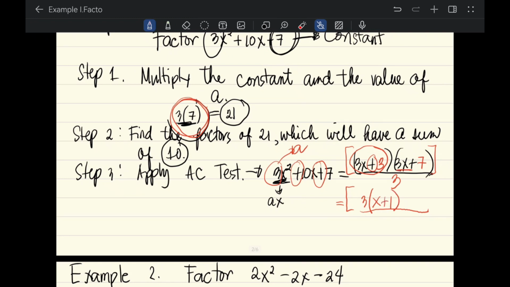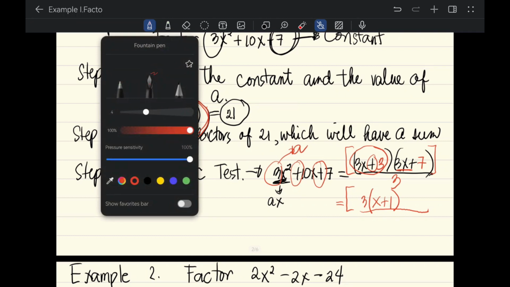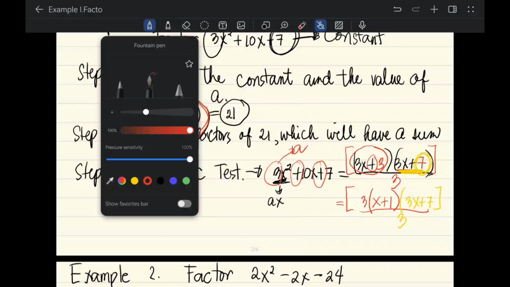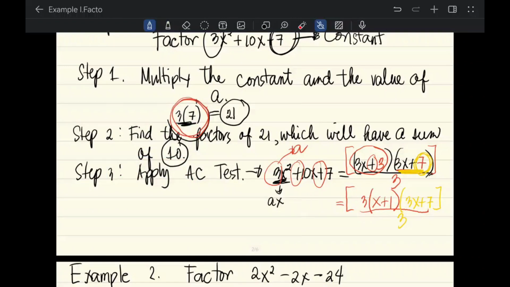Now, in this factor, we cannot factor out 3 since the second term is not divisible by 3. So we need to copy that one, that is 3x plus 7, over 3. Since we factored out 3 on the first factor, we can simply eliminate this one, 3 divided by 3, that is 1. So what remains is x plus 1 times 3x plus 7.